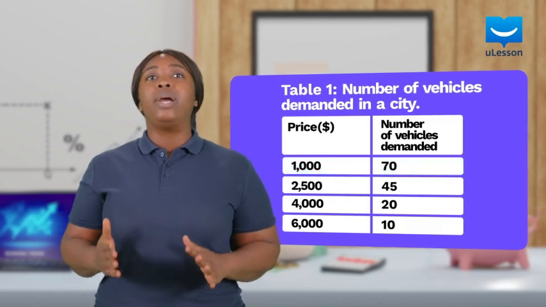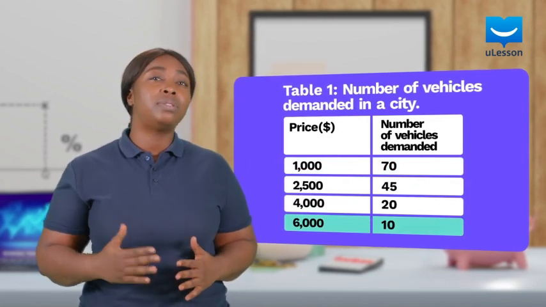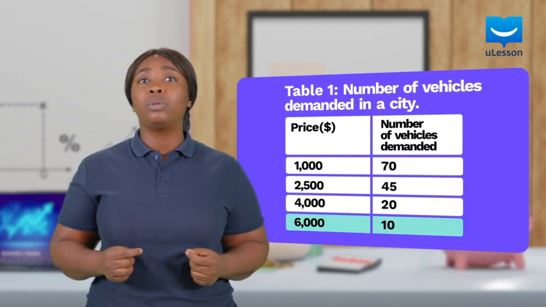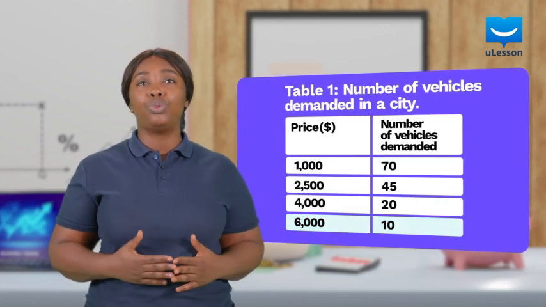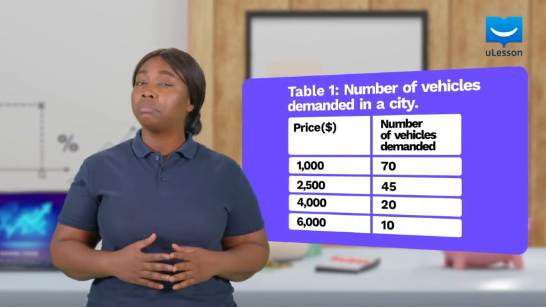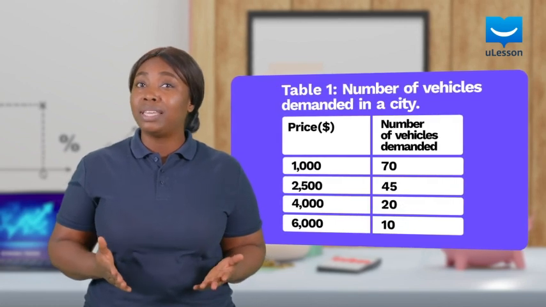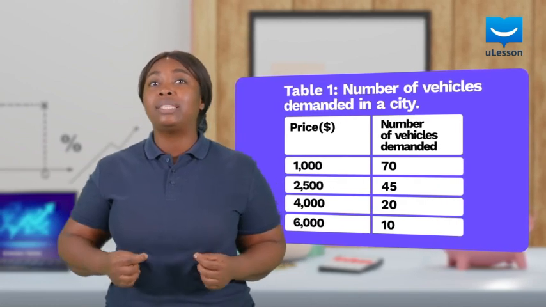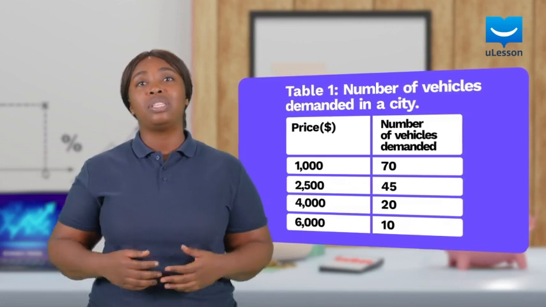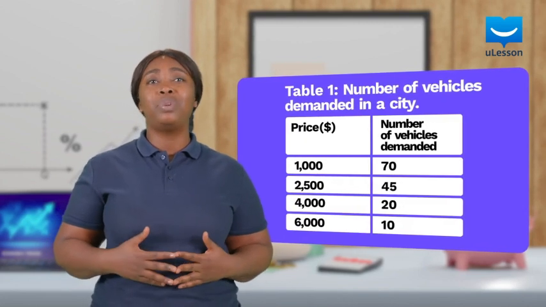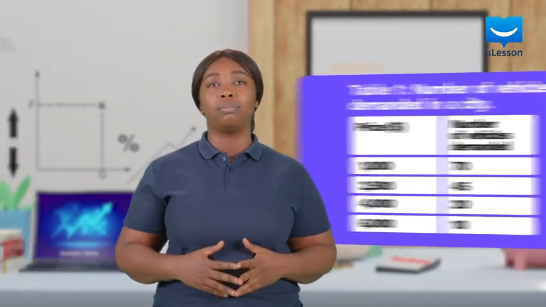However, when the price increased to $6,000, the number of vehicles that was demanded reduced to only 10. As you can see, the table makes data and observations easier to understand than putting it in just mere words.